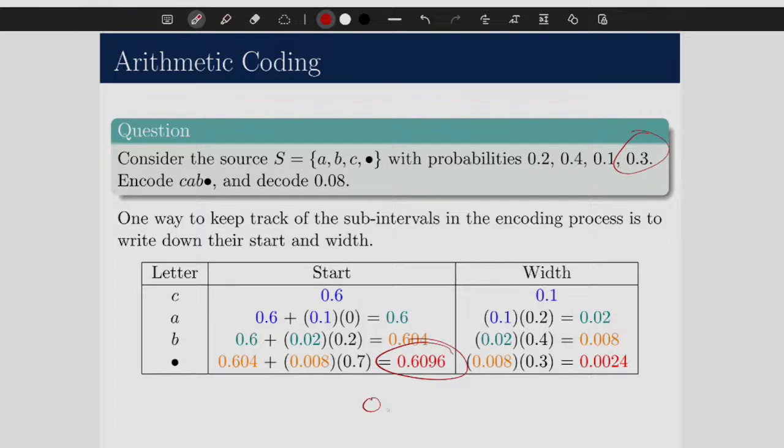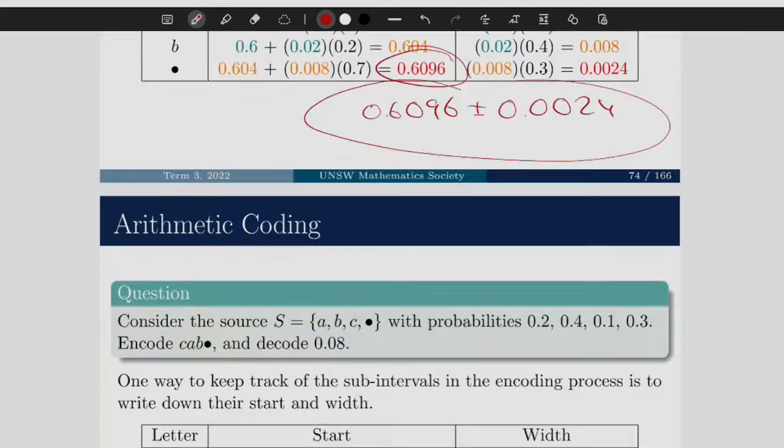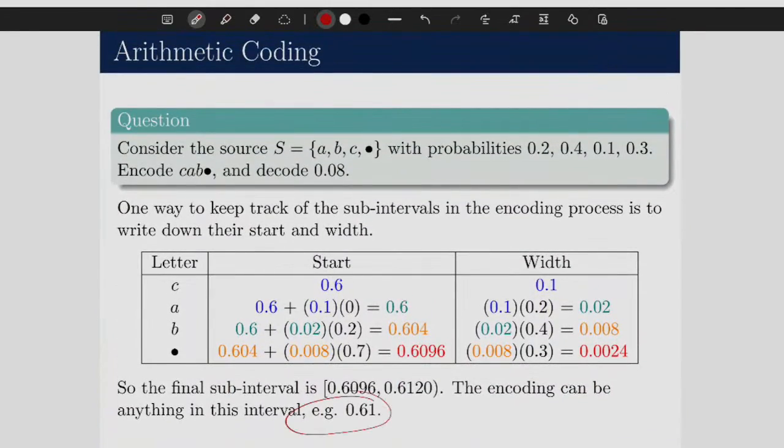So any number that falls into these conditions will encode CAB stop. Anything in this subinterval is a correct encoding. For example, the easiest one is 0.61. And that is arithmetic encoding, right?